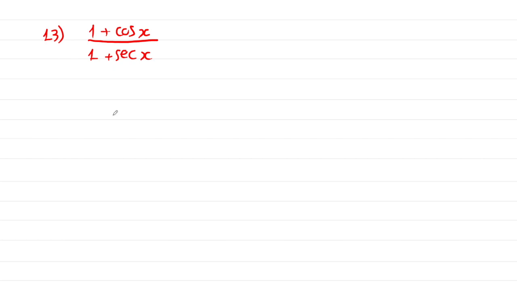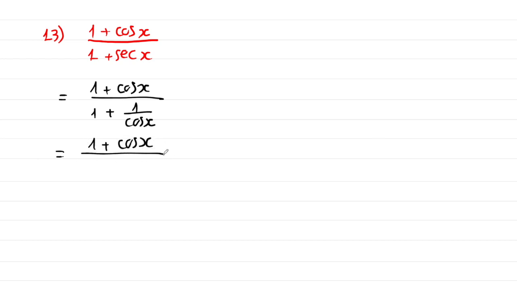Question 13. 1 plus cos x and 1 plus sec x. Okay, 1 plus cos x divided by 1 plus 1 over cos x. So numerator we leave unchanged. Denominator you get cos x plus 1 divided by cos x like this.